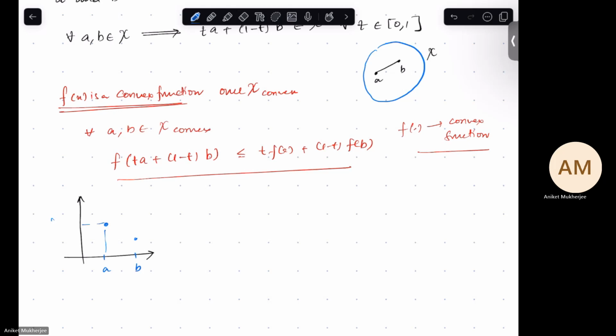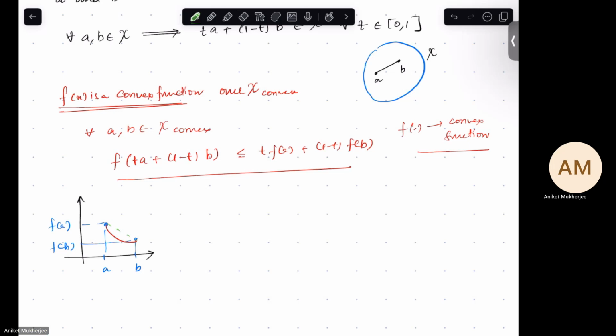Now you have two points, f(A), f(B). You have a function which goes through this and this line.